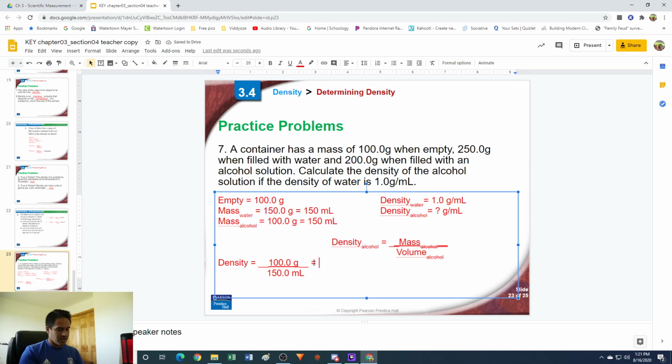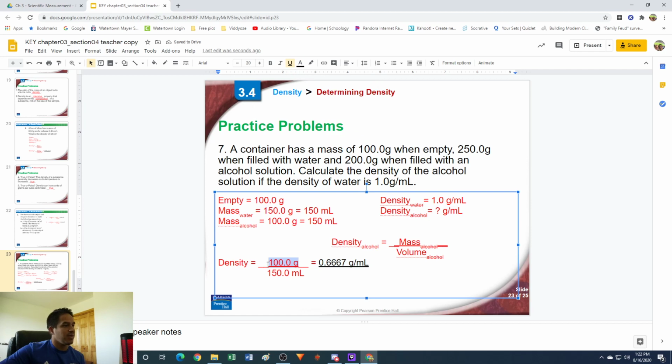So we take 100, divide by 150, and we'll round this to 4 sig figs: 0.6667 grams per milliliter, because it is a density. And that is the density of our alcohol.